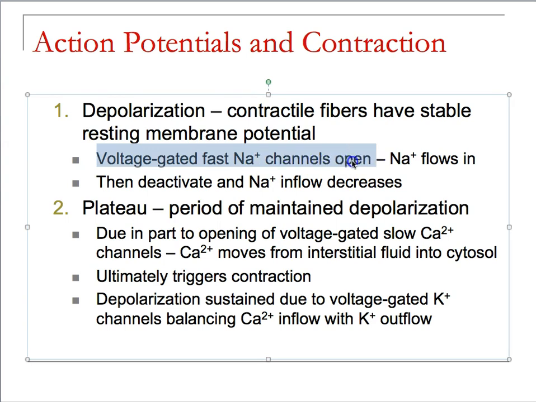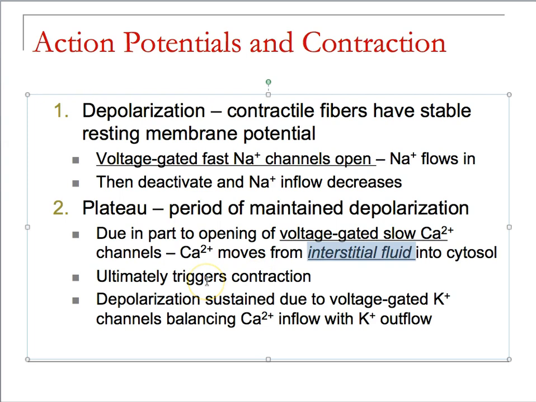You need to understand that we have to use voltage-gated fast channels, which means it's the electrical event coming from the conduction system that starts this. That plateau period, okay, you have voltage-gated slow calcium channels, which move calcium from interstitial fluid into the cytosol. This means from outside of the cell, okay?